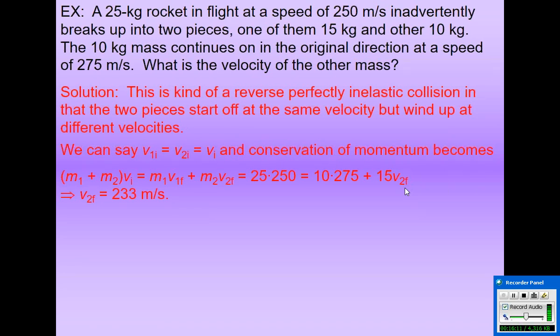So the overall system is moving at 250 meters per second, but all of a sudden a portion of that system starts to move faster. To maintain conservation of momentum of the system, the other part must start moving more slowly than 250 meters per second, and that's what we get, 233 meters per second. So this should agree with what you should be visualizing.